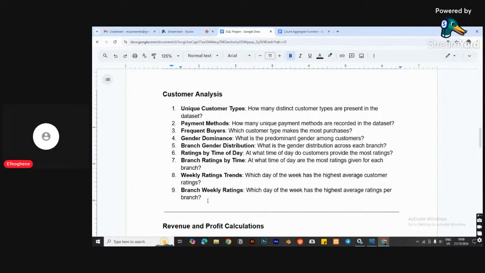So I hope you'll be able to get a good understanding of how to relate to data sets when you are working with sales data. Your customer is there. You might have been wondering why we are making use of sales.